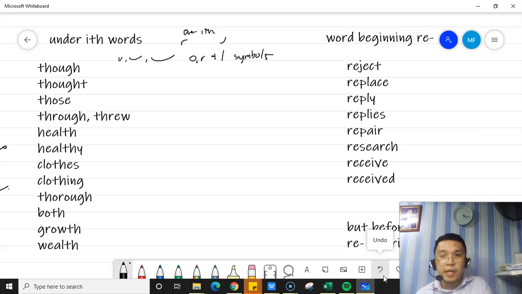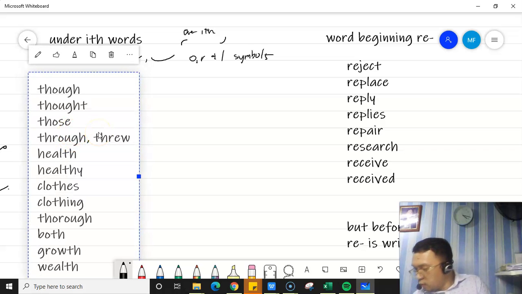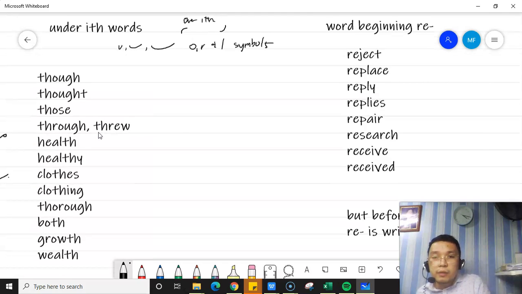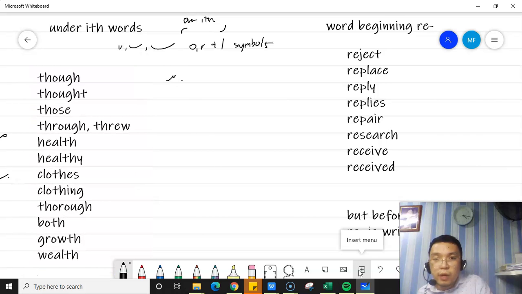Okay. Are we good? So let's have the word though, class. So though, we have underneath O. For thought, we have underneath OT, underneath OT for thought.